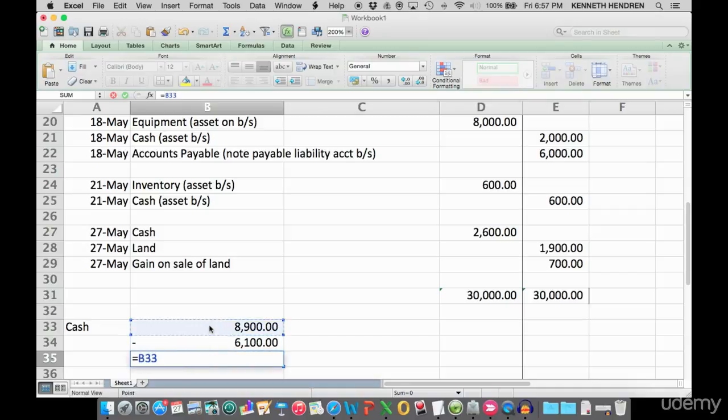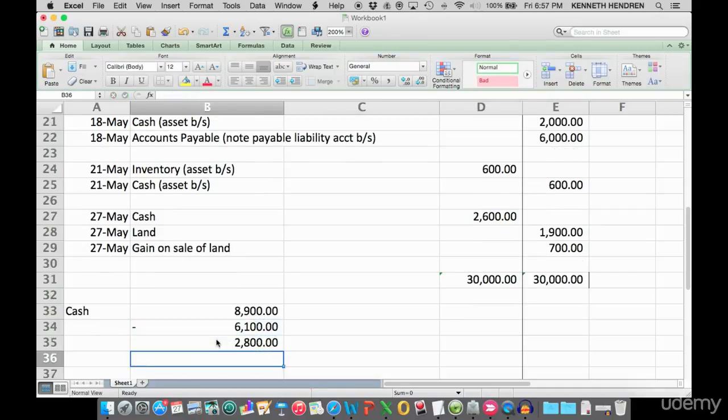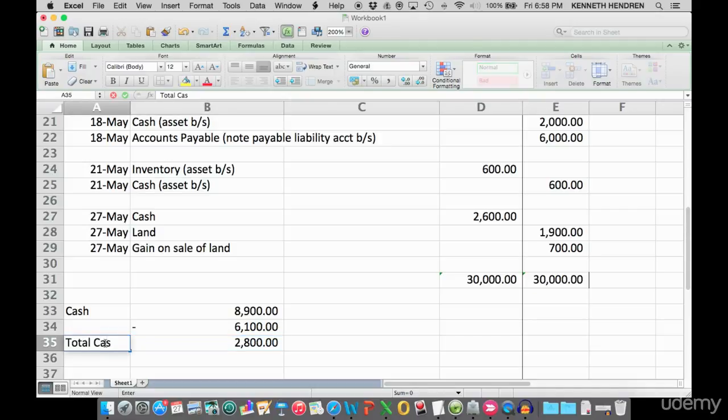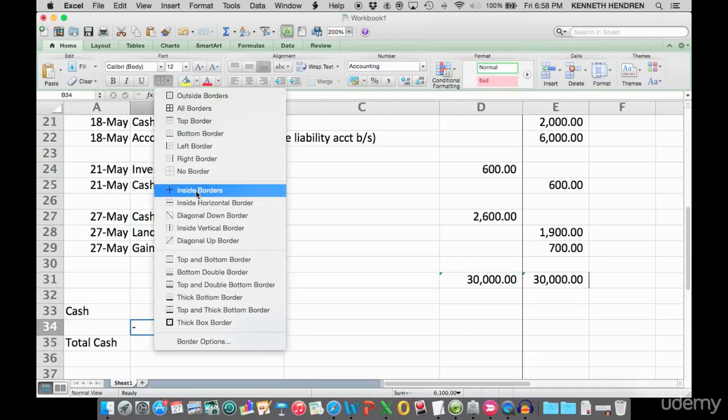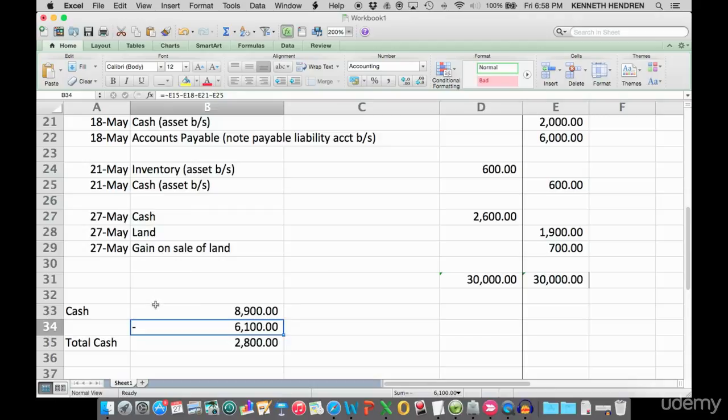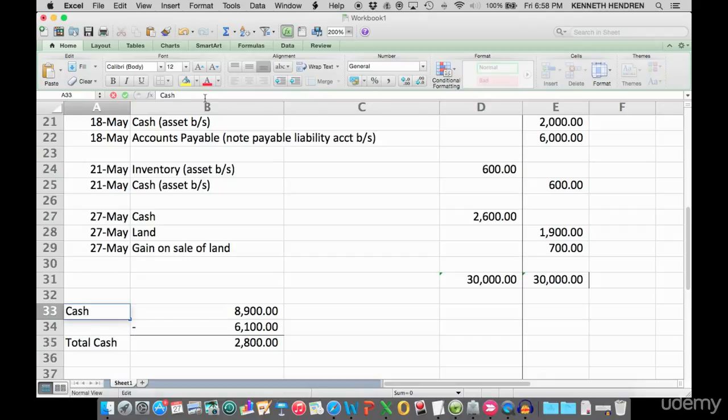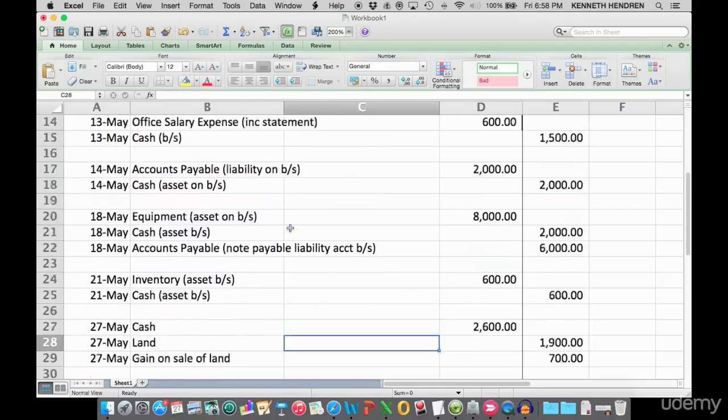And so our total cash for the month is $2,100. And that's what a T account does. It'll show you how each account works. So that's cash receipts. And this is cash paid. Okay? And that's how it works.